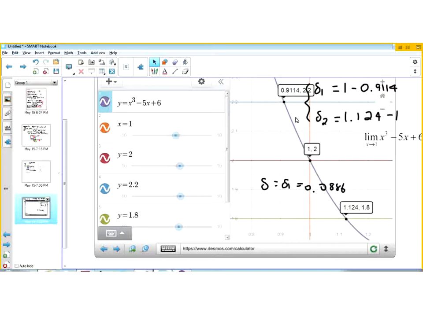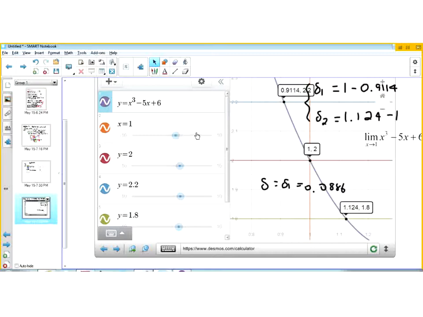All right? So you see how that works? Now, WebAssign will have a couple of questions like this, and so use this Desmos calculator to find that particular value of delta. Okay, and I'm looking to see what the solution is. Yeah, the solution in the book was 0.08. Okay.